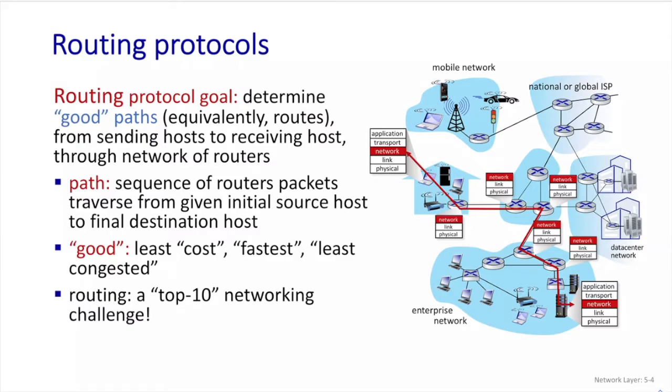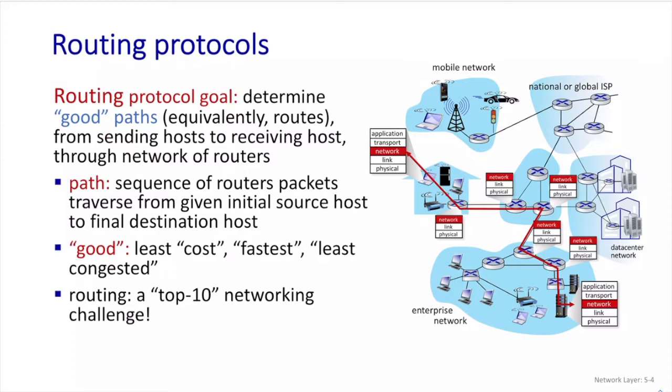The path is a sequence of routers a packet traverses from the initial source host to its corresponding edge router, through the entire internet, to the edge router of the destination host, and then to the final destination host. We have several different metrics to determine what is good.